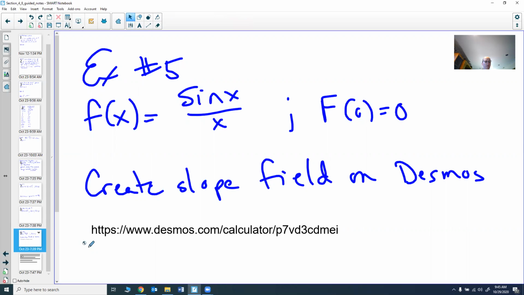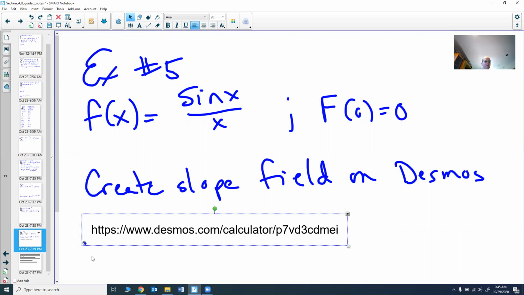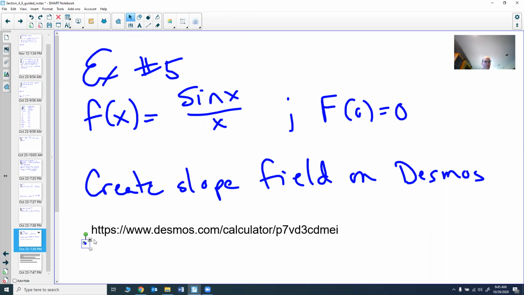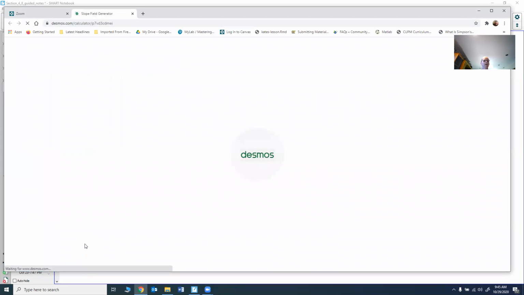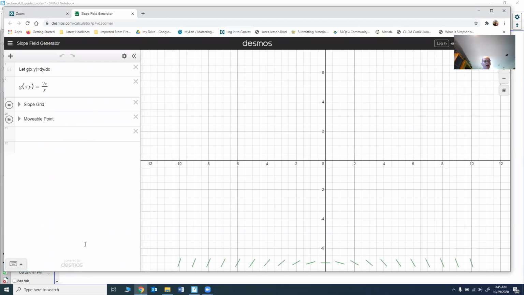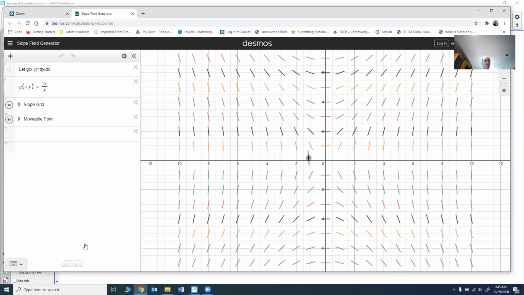So let me bring up Desmos. Why is this not working? Okay, there we go. All right, so this is a slope field generator that's in Desmos.